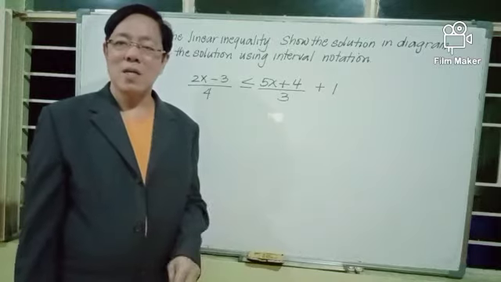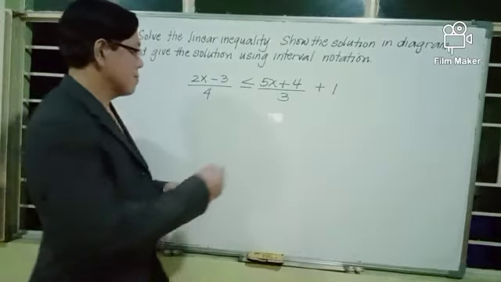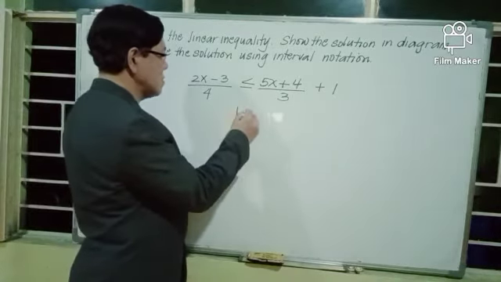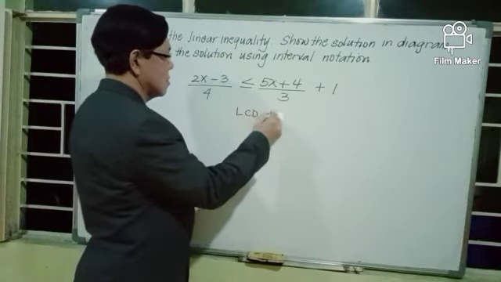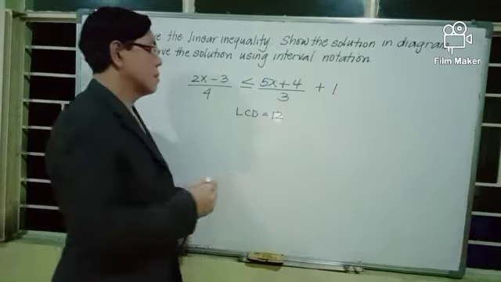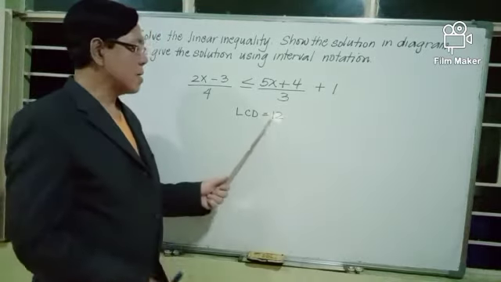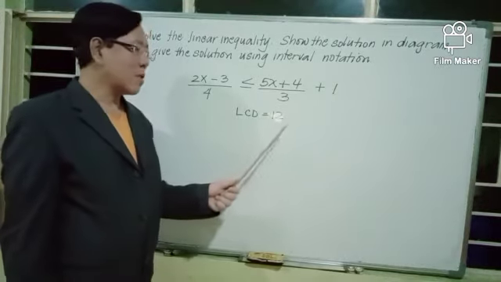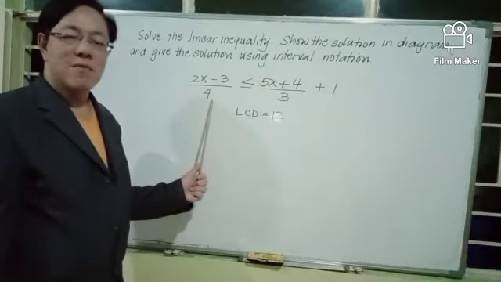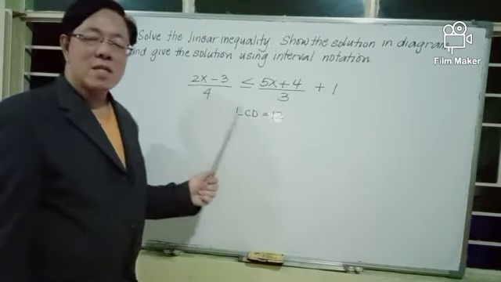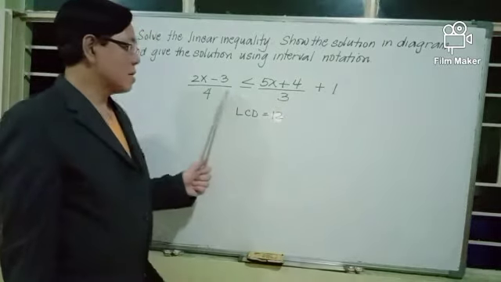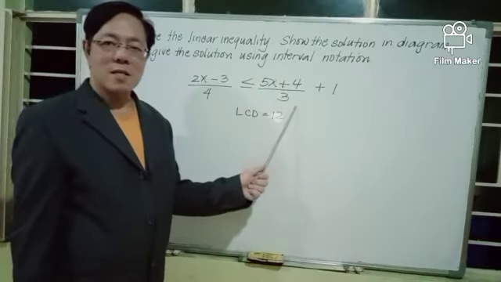And that number is 12. 12 can be divided by 3, 12 can be divided by 4. To eliminate the denominators, we multiply the left-hand side and the right-hand side by 12.